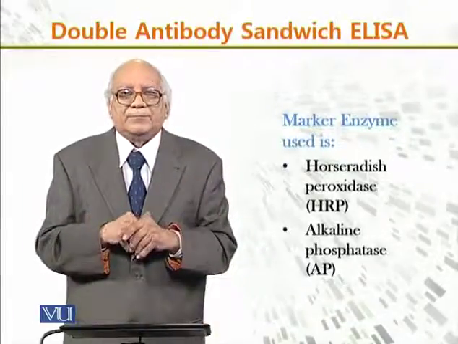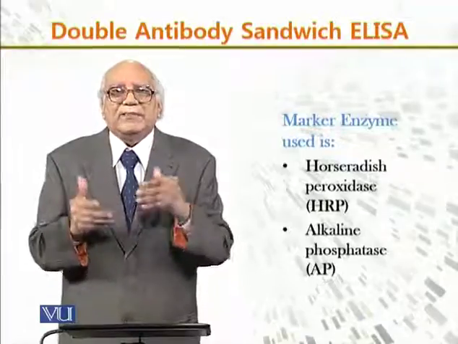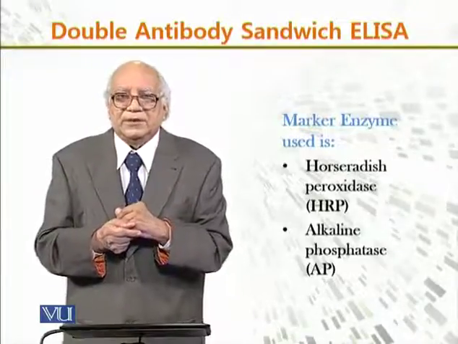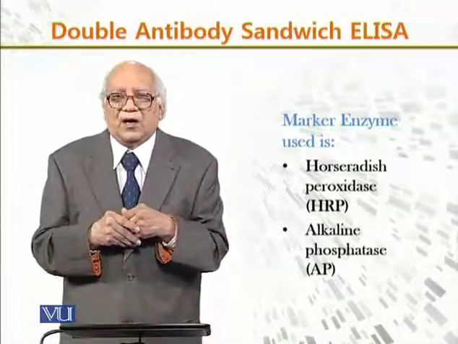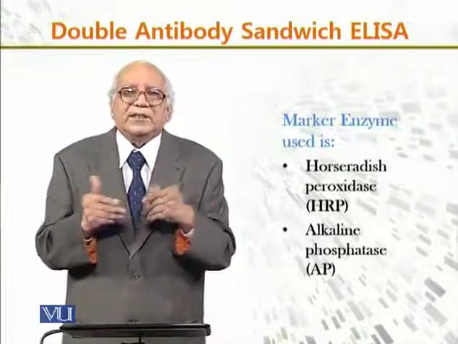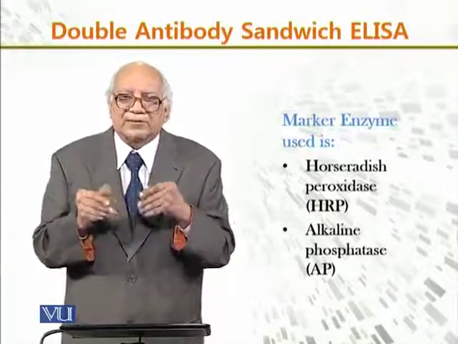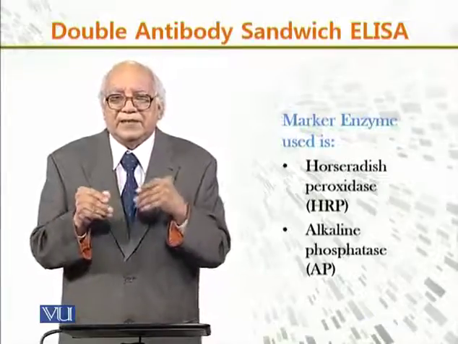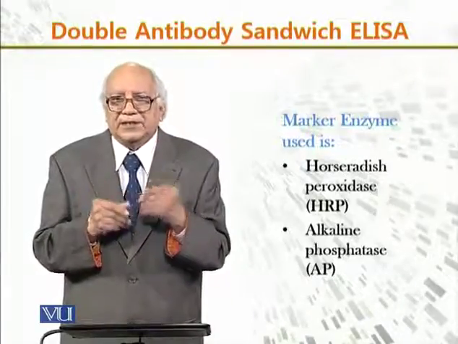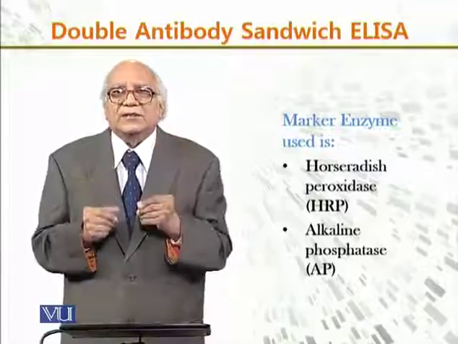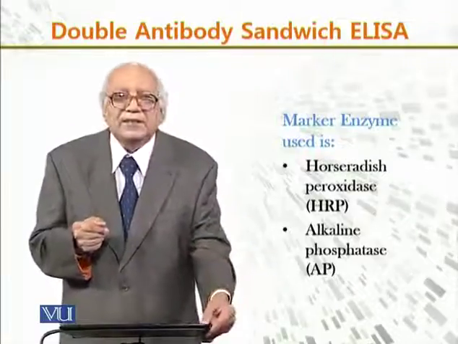Now, generally the marker enzymes which are used are horseradish peroxidase, HRP, or alkaline phosphatase, AP. These are the two marker enzymes which are basically used.